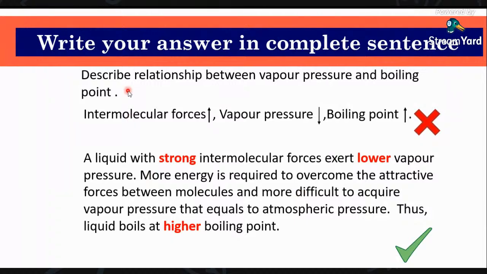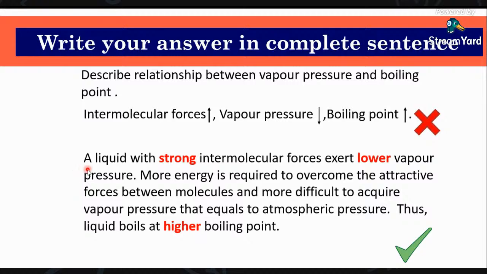Next, on writing relationship type questions, describing and explanation questions, please write your answers in complete sentences. The arrows up and down are good for your understanding and your short notes, but not for exam. For exam, a paragraph like this is very important.